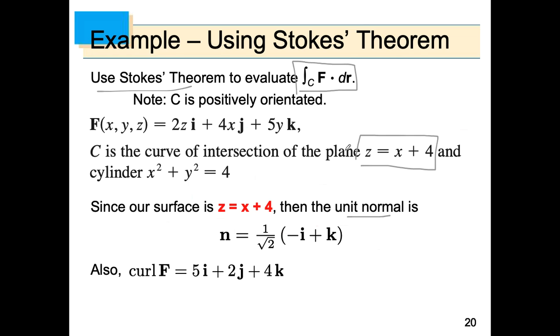Also the curl in this case is going to be 5i plus 2j plus 4k. Again, just following the formula. And then obviously dotting these would be quite simple. If we dot these, you'll see that we end up just simply getting negative 1 over rad 2.